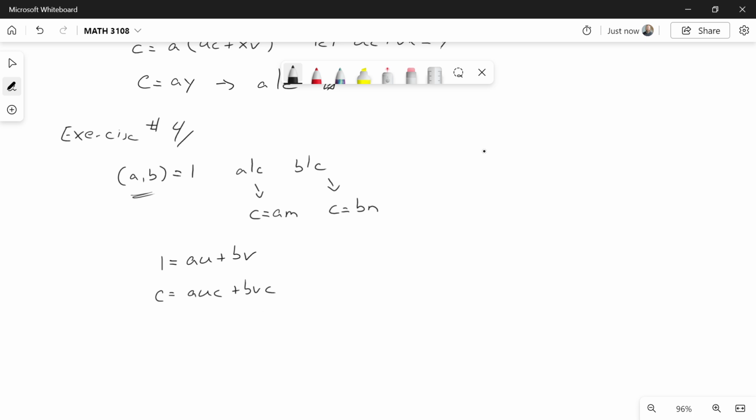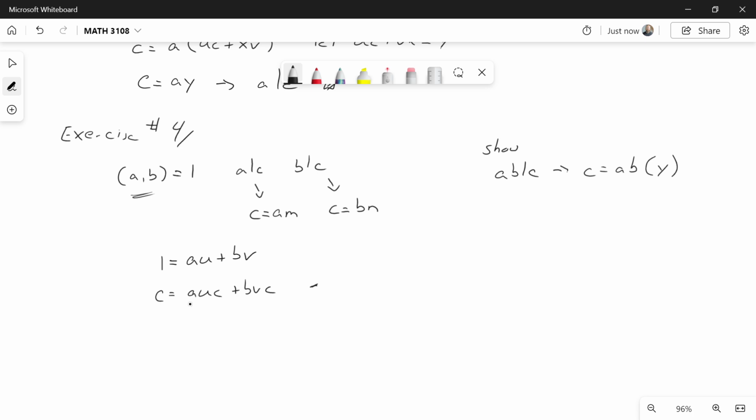Now our goal is to show that ab divides c, or we could write this as c is equal to ab times some, we'll call this again y. So basically what I'm looking for is on my right-hand side, in both of those terms, an ab factor that I can take out.